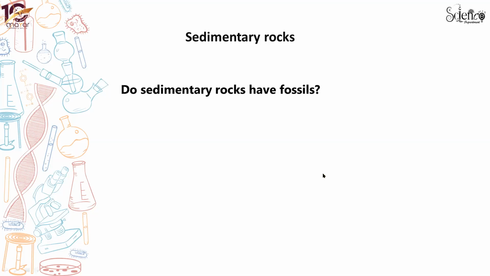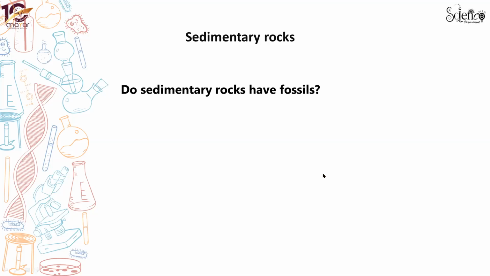Okay, Jana, let's think of it together. In igneous rocks, we said there is magma, very hot molten rock that is going to dissolve any remains. For sedimentary rocks, we didn't talk about heat at all. We said the fragments, pieces of rocks, whether very large or small, gather together, and then they're going to have pressure, and then they will be cemented together.